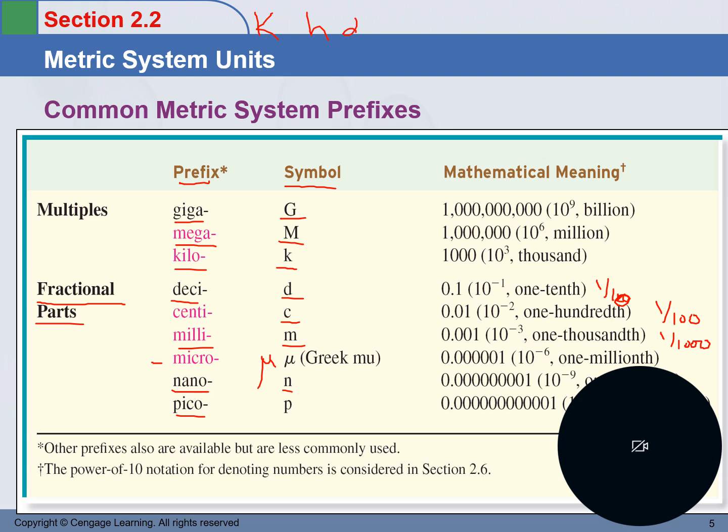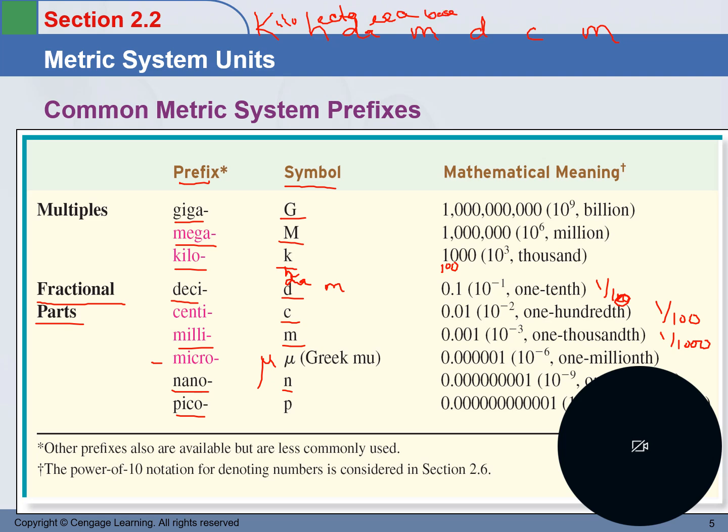And the way that I put most of these in order is I have this acronym: King Henry dances merrily during cold months. Where this is kilo, this is hecto, which isn't on your chart, but it would be right here, and it stands for 100. Then deca, which would be right in here, it's DA. And then we actually have our base units, which I usually put as meters, so this is our base.